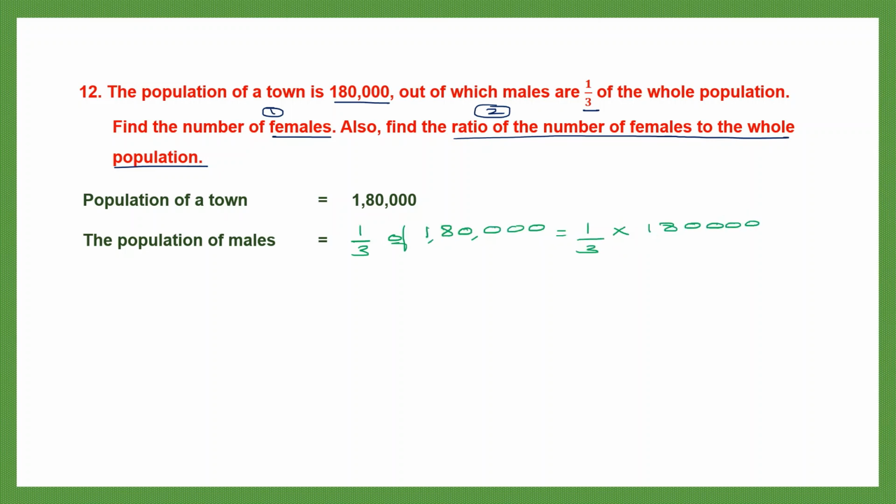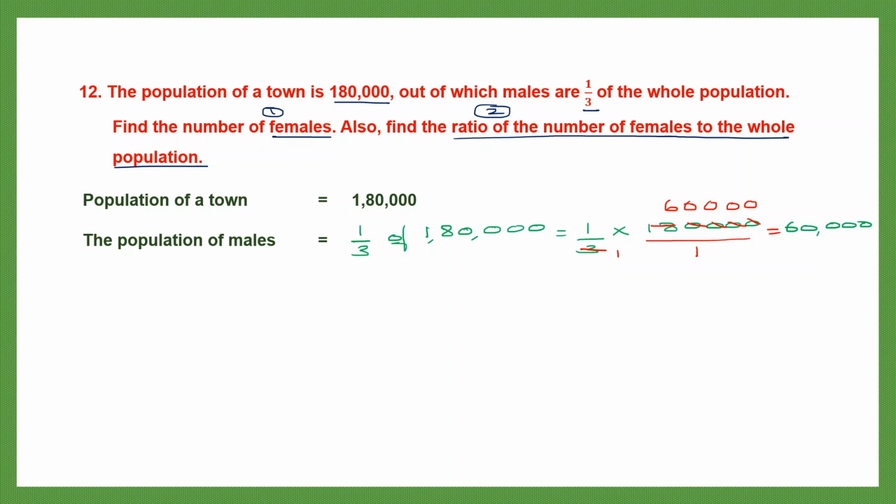So now we have multiplication of fractions. Let's give this a denominator 1. Now we can cancel 3 and 1,80,000. Now 3 ones are 3, 3 sixes are 18. Then we'll add the zeros 1, 2, 3 and 4. 4 zeros we have. So this is 60,000. So 1 into 60,000 is 60,000. So this is 60,000. That means the number of males is 60,000.